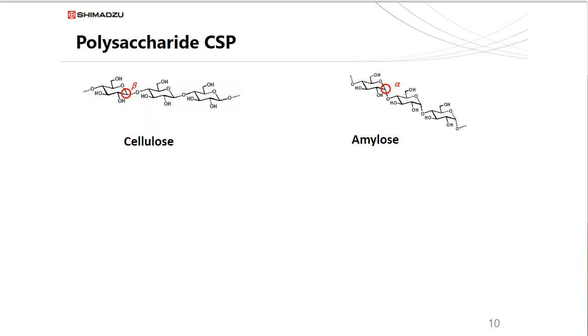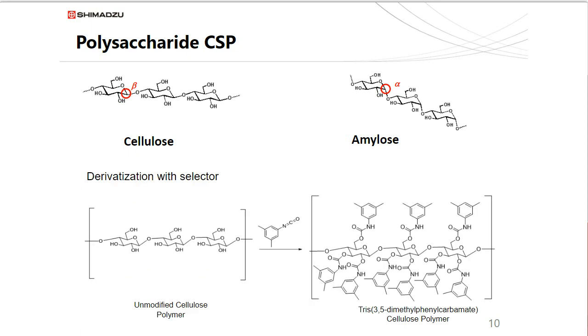So let's take a look at the polysaccharide CSP chemical structures, starting with either cellulose or amylose, which only differ by their connectivity shown at the alpha and beta positions. We can then do some simple derivatization using isocyanate chemistry to form these phenylcarbamate cellulose and amylose polymers.